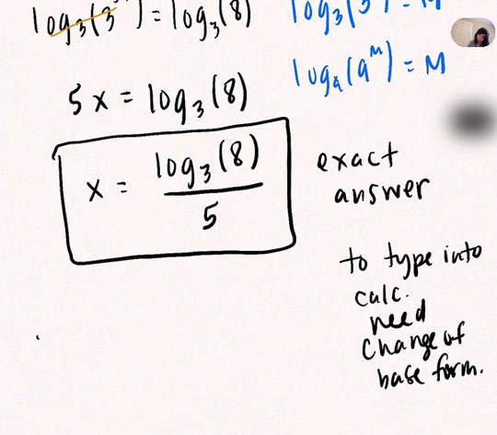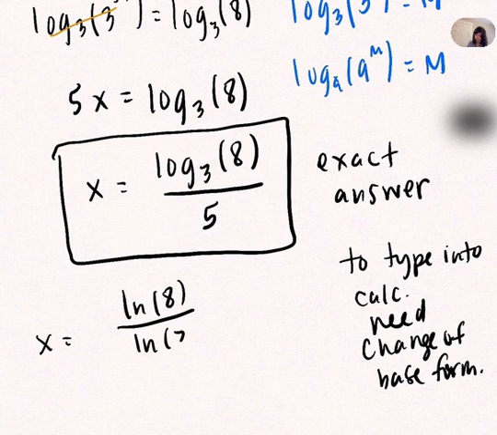The change of base formula says that we can figure out what log base 3 of 8 is by doing either log base 10 or natural log of 8 divided by natural log of 3. So with the change of base formula, we can change log base 3 of 8 into log of whatever base we want of 8 divided by that same log that we used on the top, and then we put 3 inside.